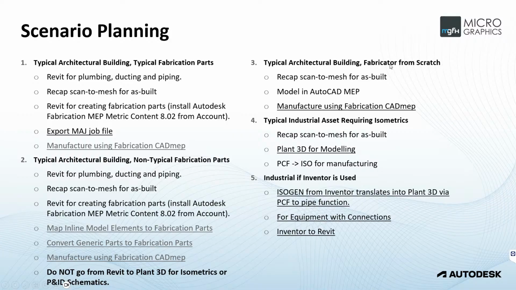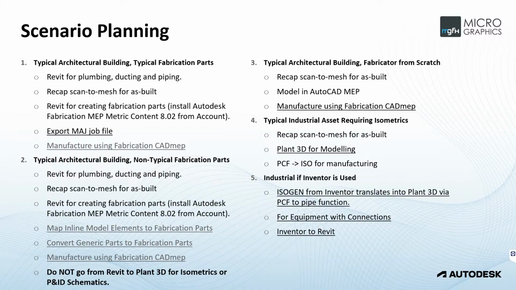For a typical architectural building, if you're a fabricator and you're going to be building or modeling that from scratch, if you're the person designing it, if you know what you're doing, and you don't need to do analytical designs or anything like that, then you can just manufacture directly using AutoCAD MEP and CAD MEP.